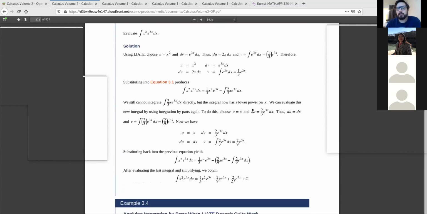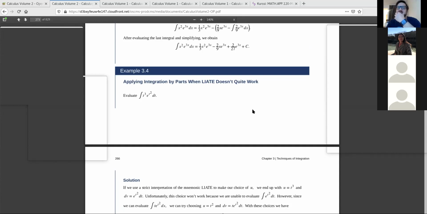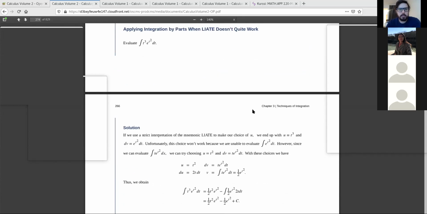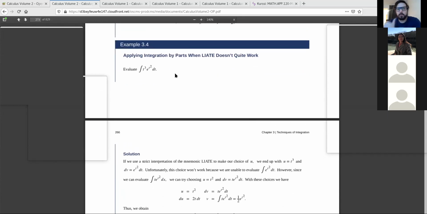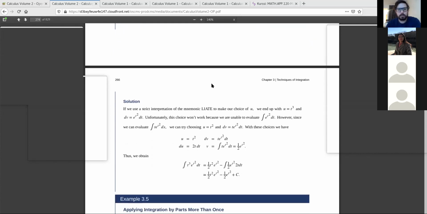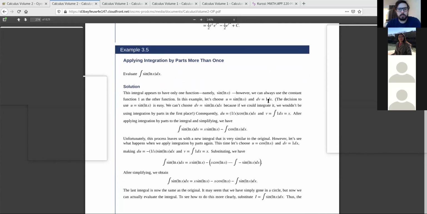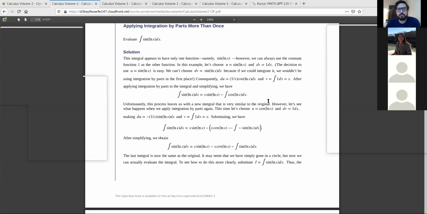I didn't put any integration by parts in this week's exercises yet. And here's a warning example of why this idea doesn't work. There's one situation that is fascinating.